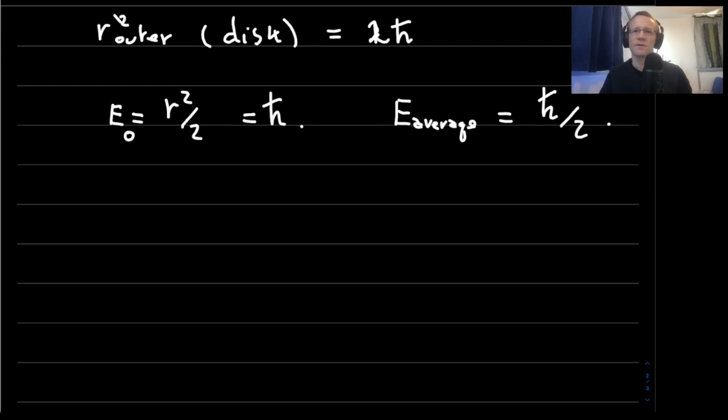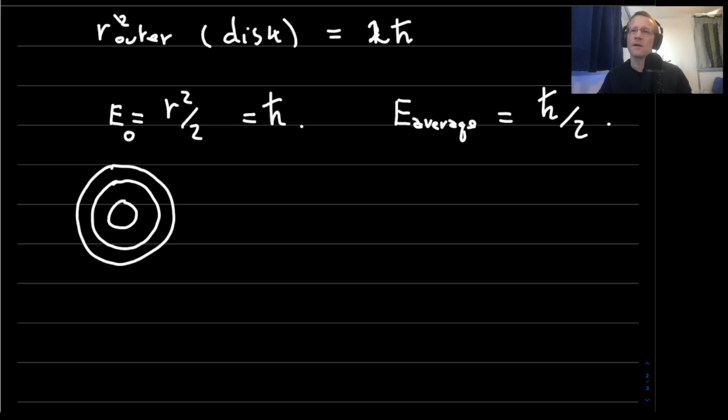We can now repeat this reasoning for the next phase space cells. And we find that they correspond to radii squared, which are 2 times n plus 1 times h bar. Because each time the area between two of these circles grows linearly with r square.